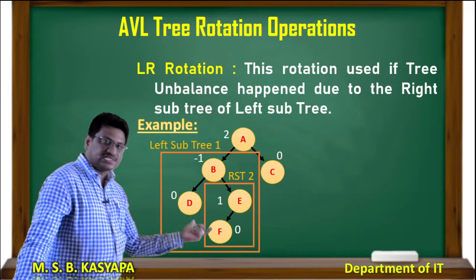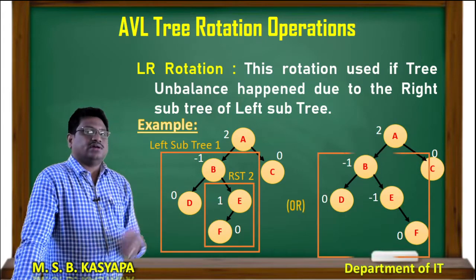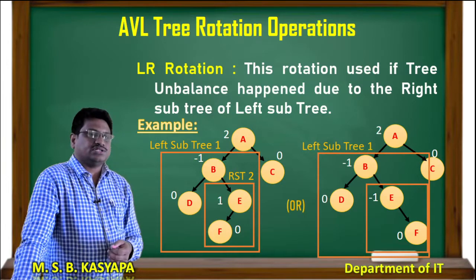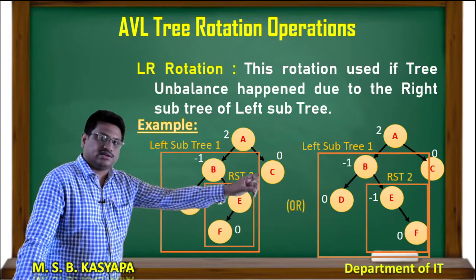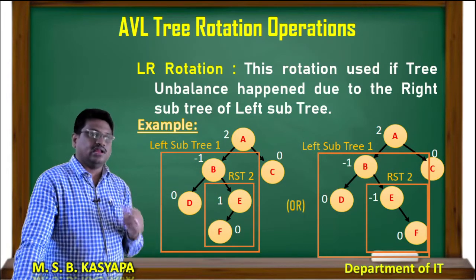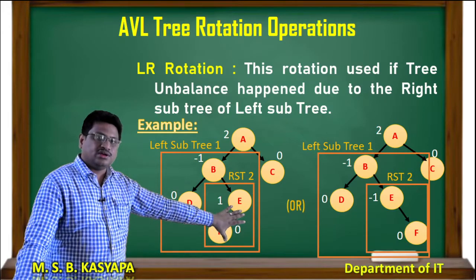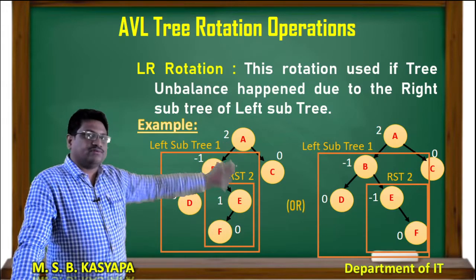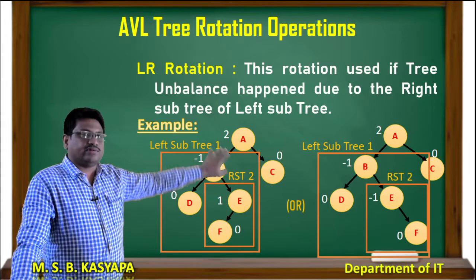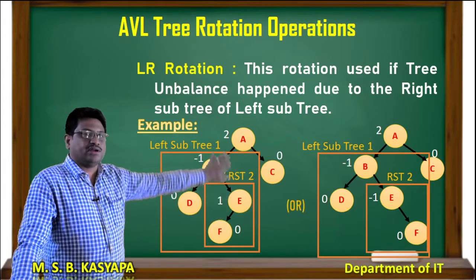If it happens like this, the LR rotation should be done. The next diagram is also left and right, LR. It happened because of a right subtree which is available in the left one, the right subtree of the left subtree, okay.